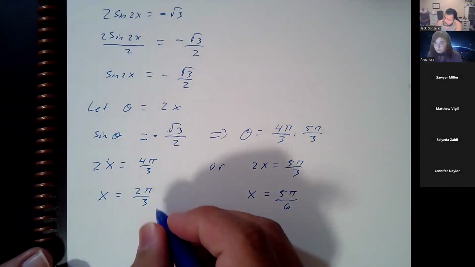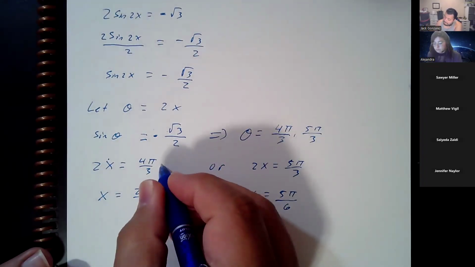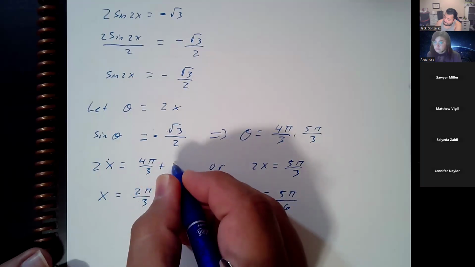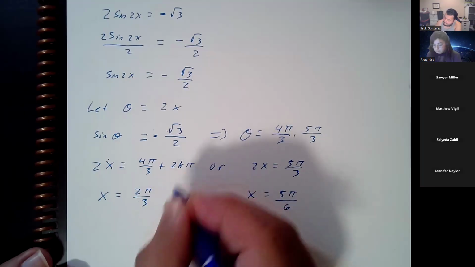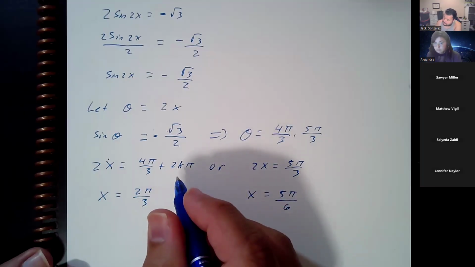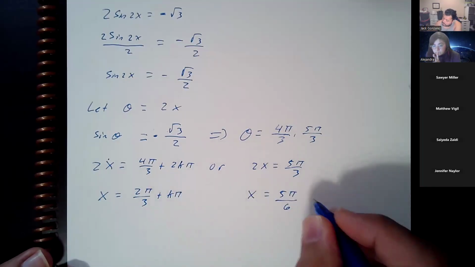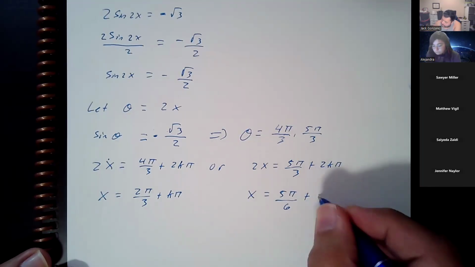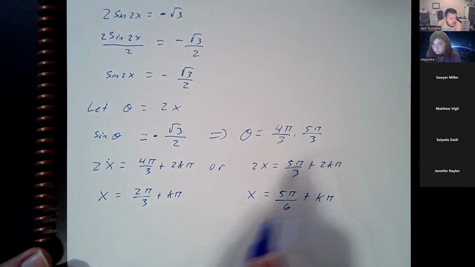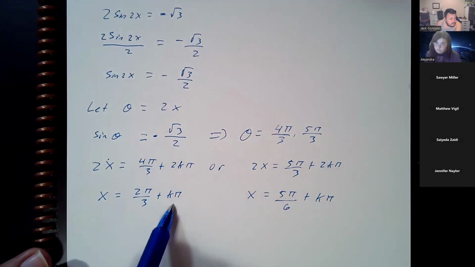So then we tack on our, forgot to add that, my bad. I skipped a minor step. I divided each one by 2, which gave me these two.